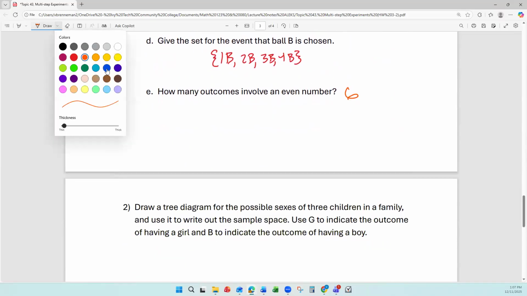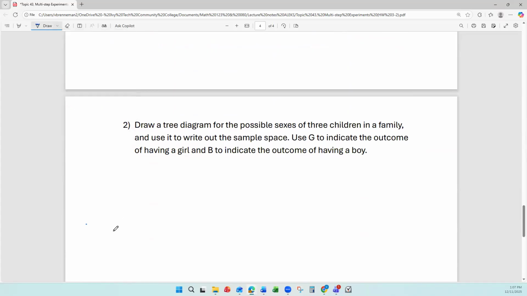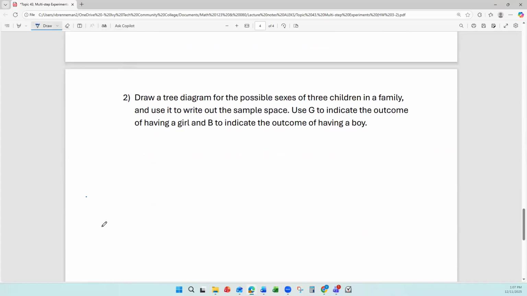All right. Then the next, number 2, a tree diagram for the possible sexes of 3 children in a family with G for girl, B for boy. So here we do have to just stick with an order. So we have first child could be girl or boy.